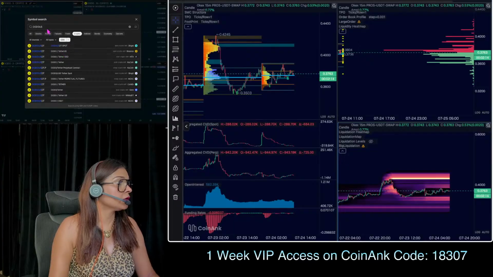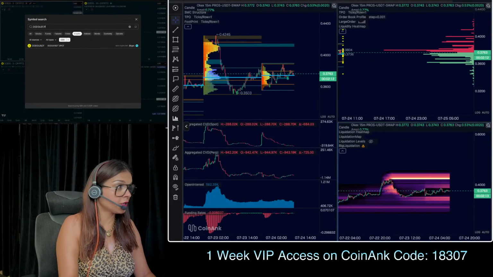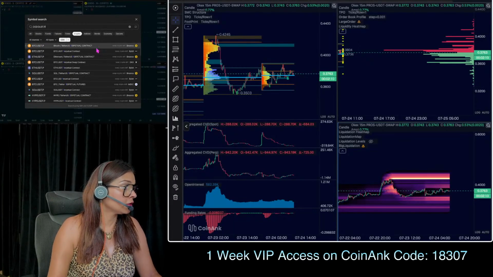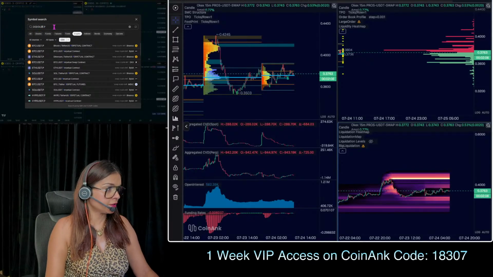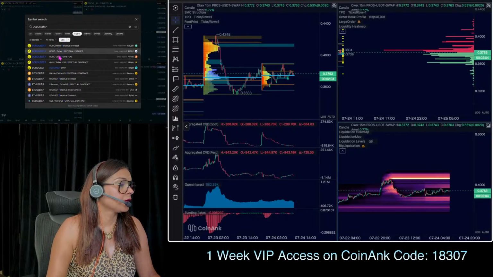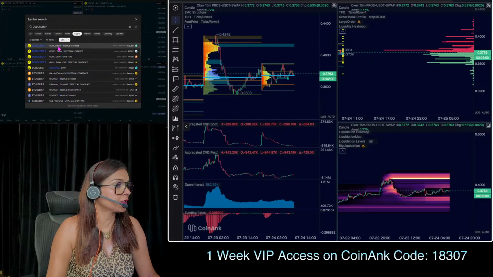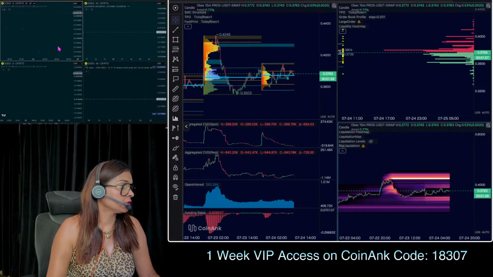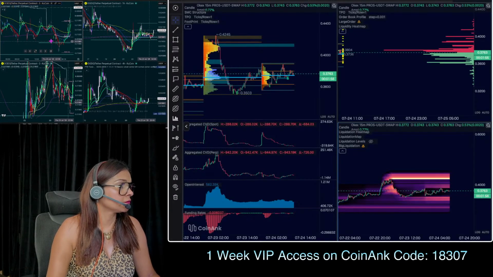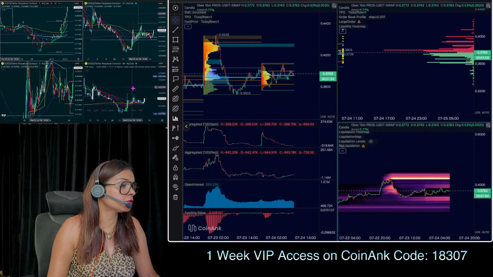All right, USDT, and I trade USDT. There we go. I like to use Binance, but if Binance is not available, then I guess KuCoin? So here we go.